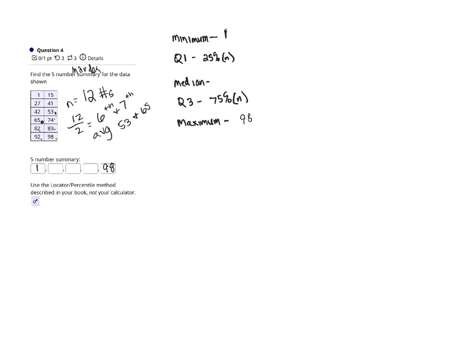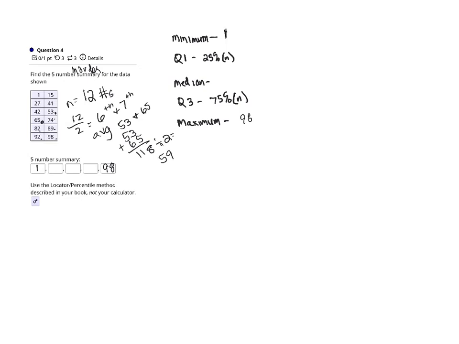So use a calculator. Now it says do not use a calculator, but again, that means using a graphing calculator where you just put in all these numbers and it tells you the 5-number summary. You can use a calculator to figure out your percentages and your averages. So I'm going to add those up, then divide by 2. 118 divided by 2 is 59.